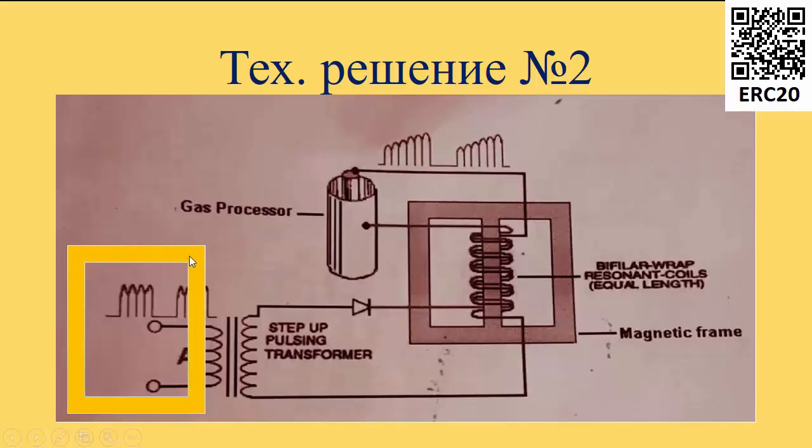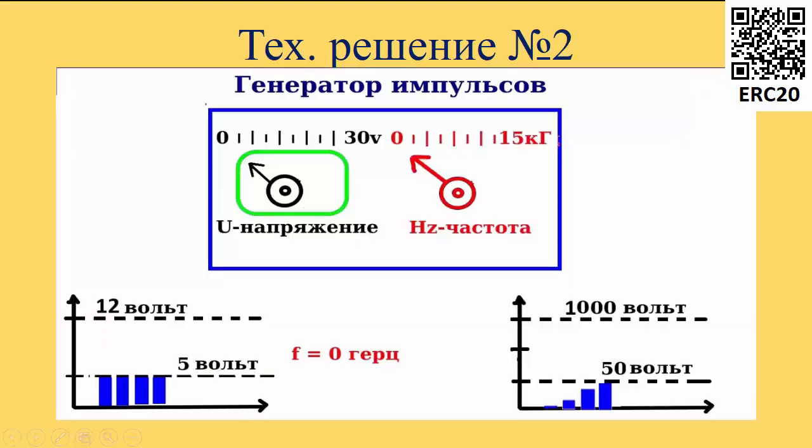Moving on. The next picture shows what we have: a voltage regulator and a frequency regulator. And as you can see, there is no inductor regulator here. Accordingly, we have a voltage graph on the pulse generator, and finally the voltage graph on Meyer's cell.